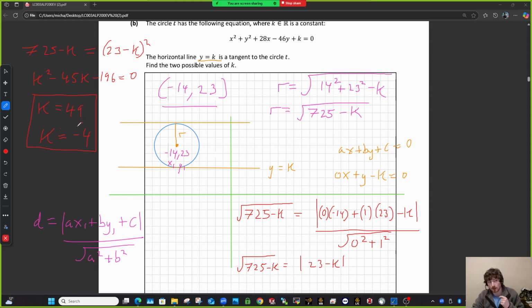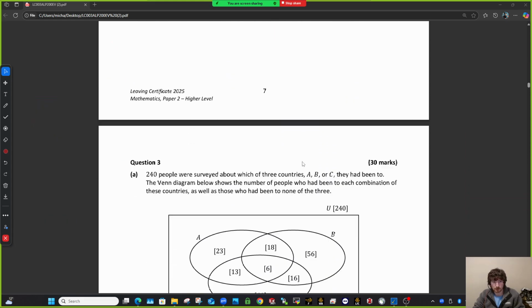So that's what gives the minus 4. That's the bottom tangent. And then if you put 49 in there, you'll get, I think, a radius of 26. Yeah, and then the 26 adds to your 23 to get the 49. That's the top tangent. So the point is it works. Okay, cool. Good question.